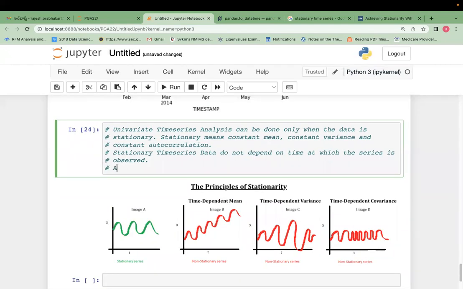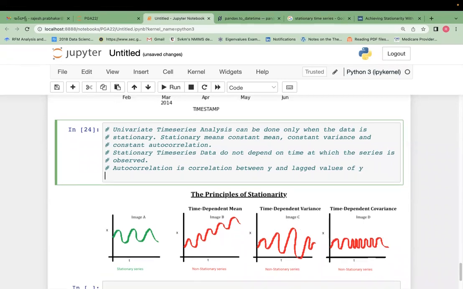Now you will also get a doubt: what is autocorrelation? Autocorrelation is the correlation between y and lagged values of y. Let us say y is 1, 2, 3, 4, 5, 6, 7, 8, 9, and 10.